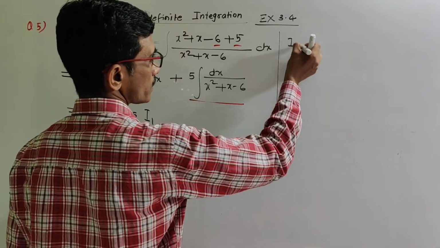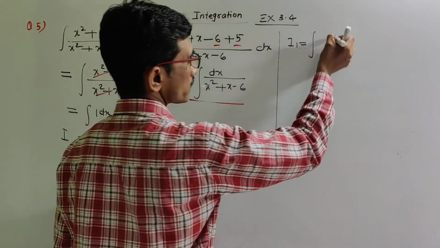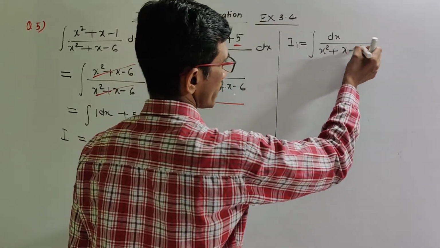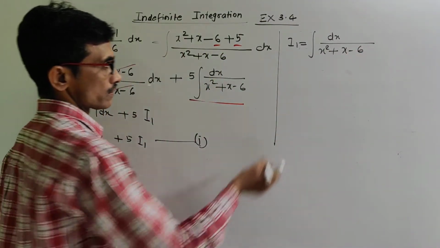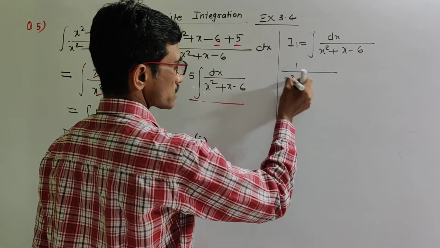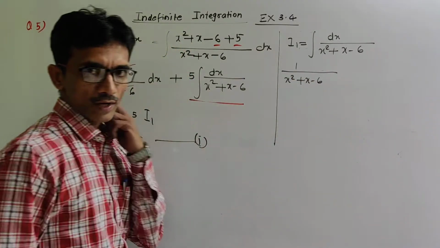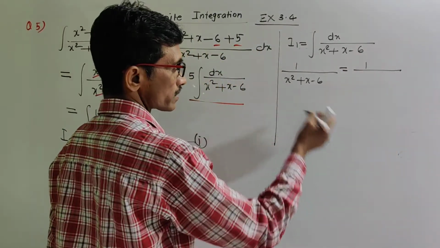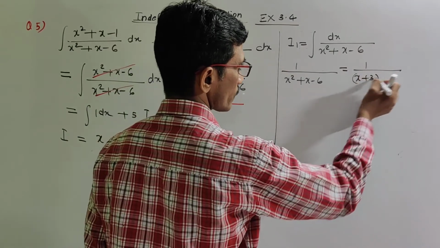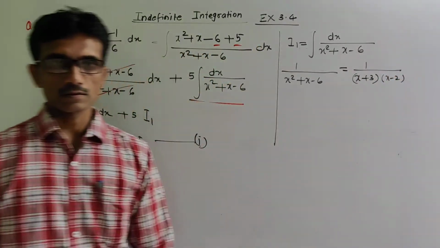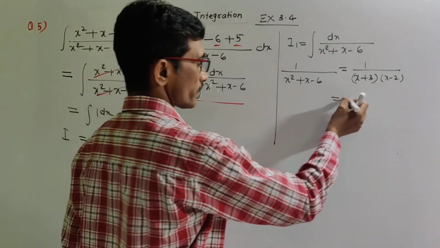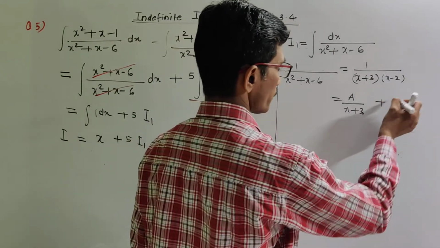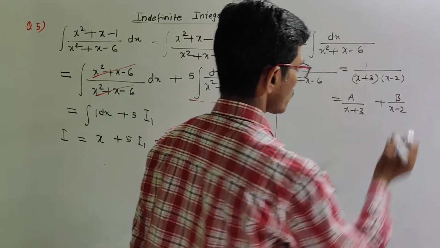So I1 is equal to integral dx upon x square plus x minus 6 है, 1 upon x square plus x minus 6, factors are 1 upon, see, x plus 3 and x minus 2 are the factors, so that we can put in the partial fractions a upon x plus 3 और दूसरा b upon x minus 2.